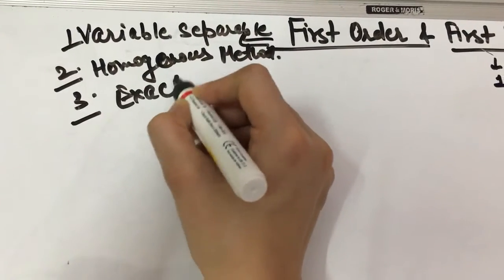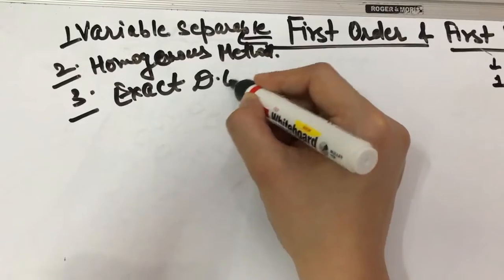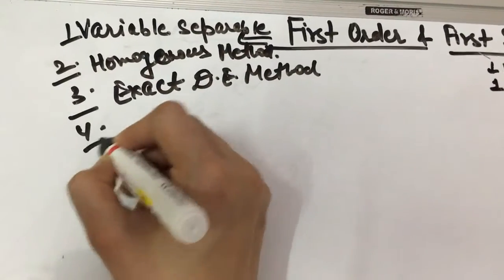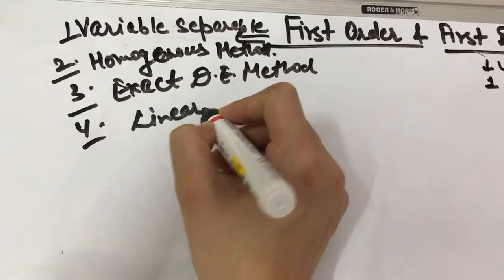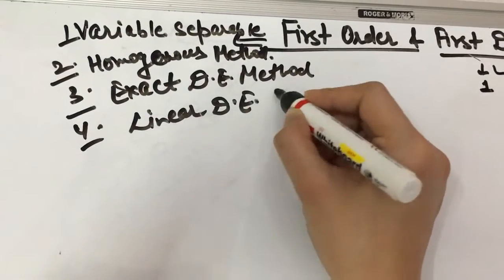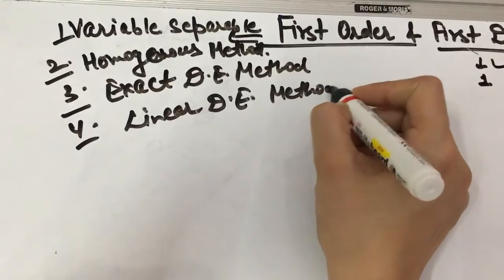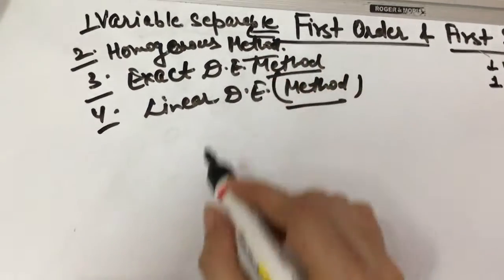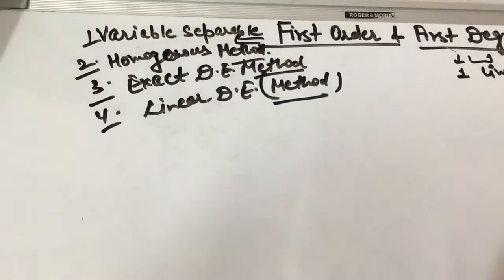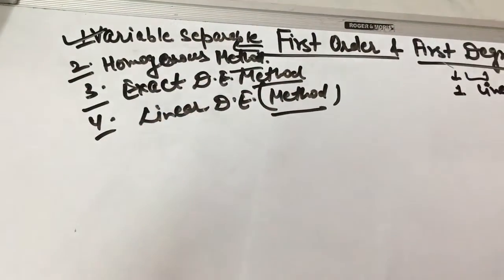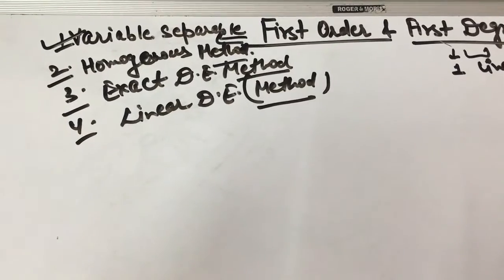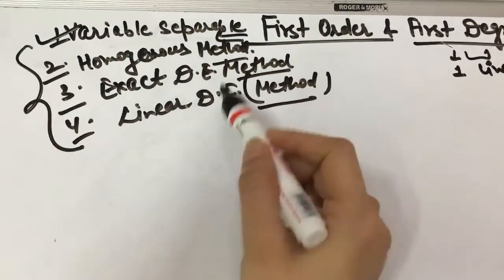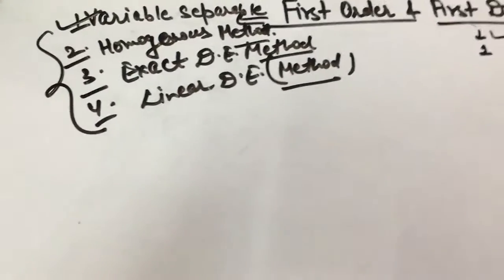Third is the exact differential equation method. Fourth is the linear differential equation method. You can call them methods and also differential equations. So in this video we will start with the variable separable method. One by one I will teach every method or every differential equation.